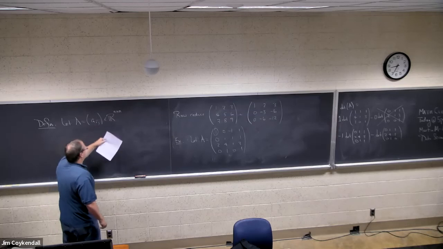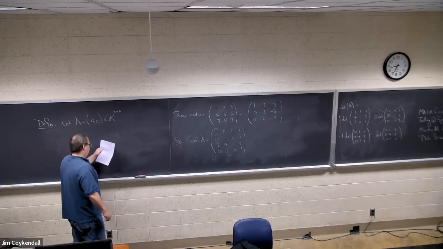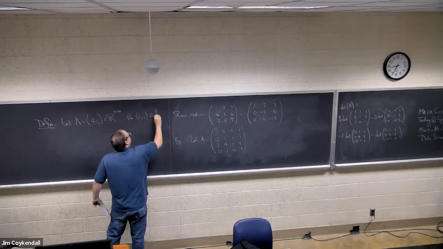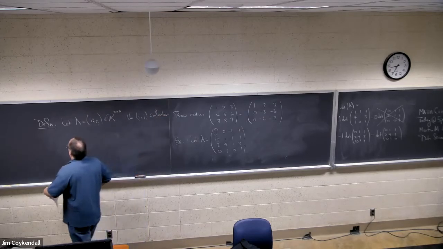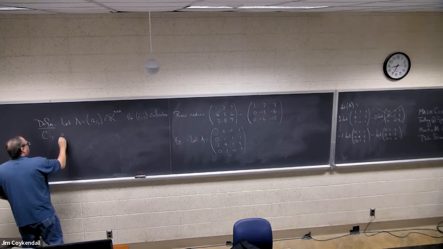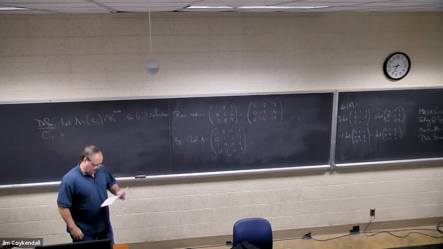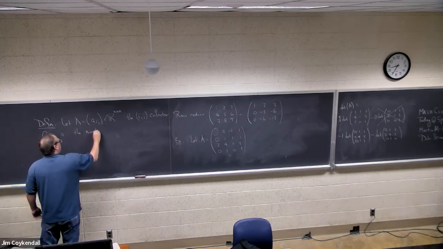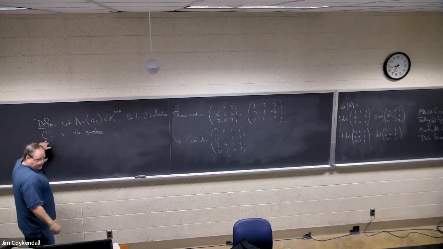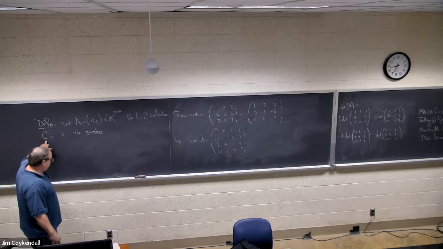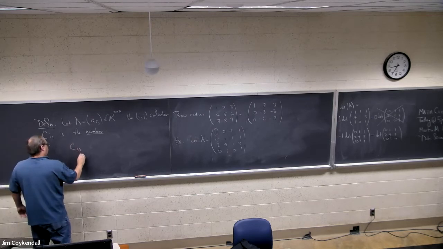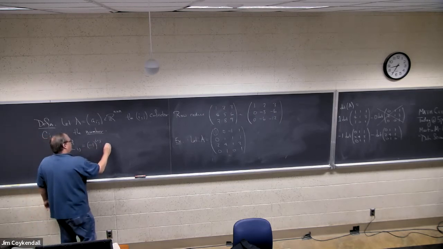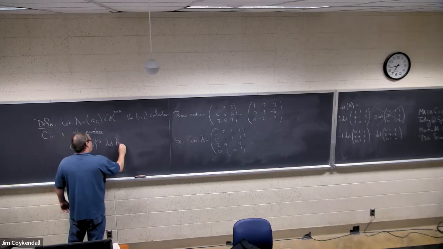Then the ij cofactor, which I will note Cij, is the following number: (-1) to the i plus j power times the determinant of Aij.